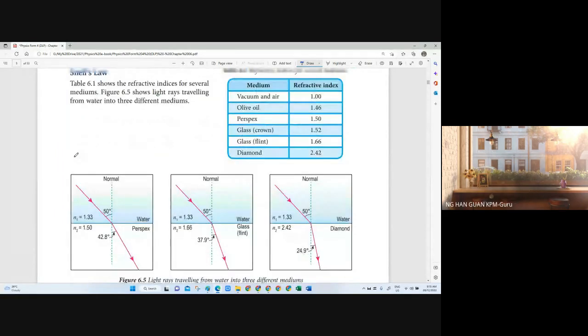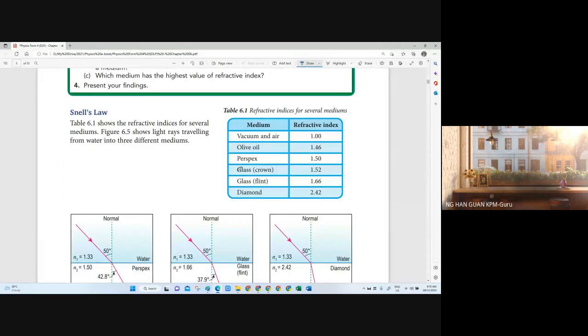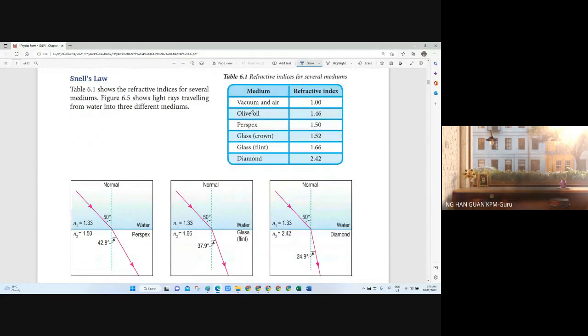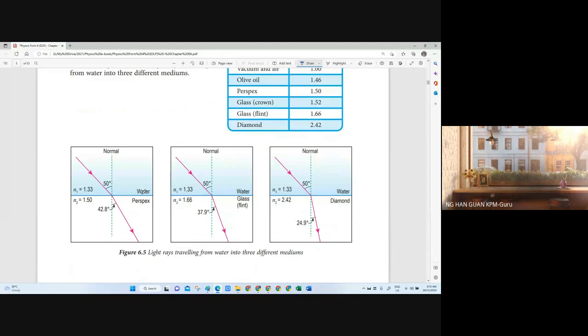So Snell's law can determine the refractive index for any other medium when we conduct experiments. Here is an example between different media: water and perspex, water and glass, water and diamond.